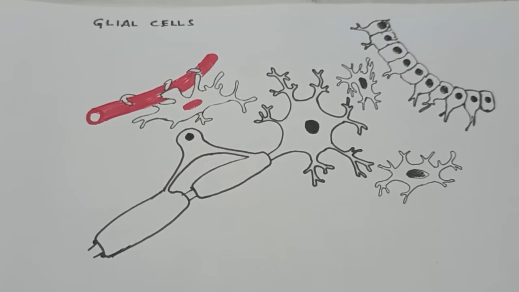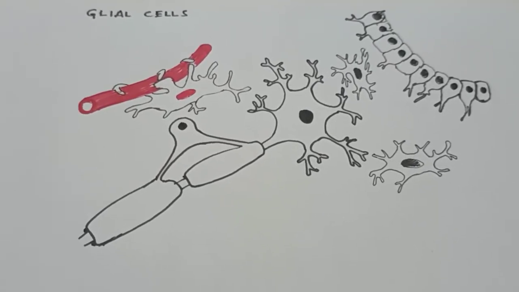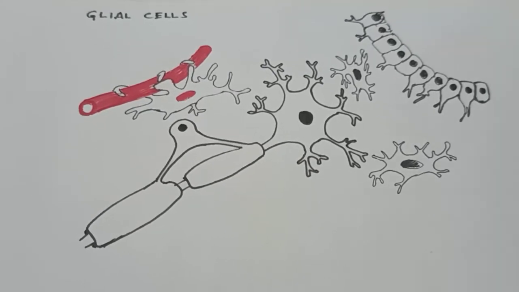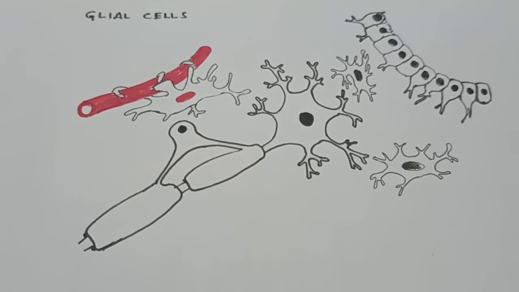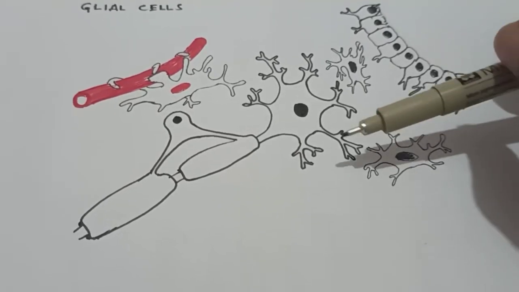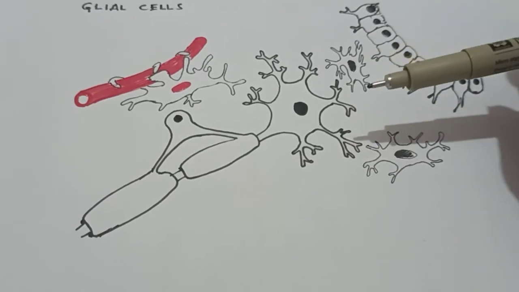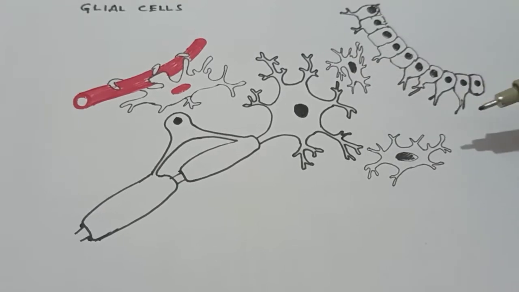Now the glial cells are mostly formed during the time of formation of the neuron. That very moment, the neuroectodermal cells, or the tissues which are responsible for the growth and development of the neuron at the time of embryogenesis, start giving rise to all these cells.